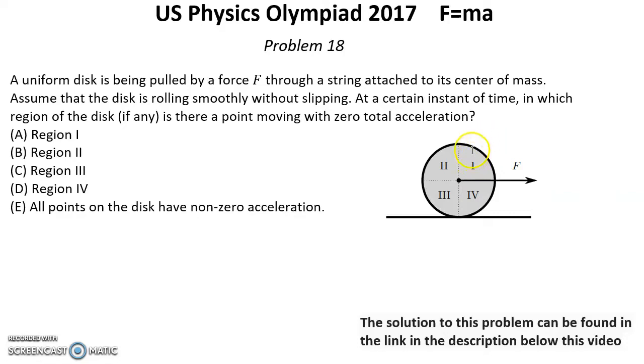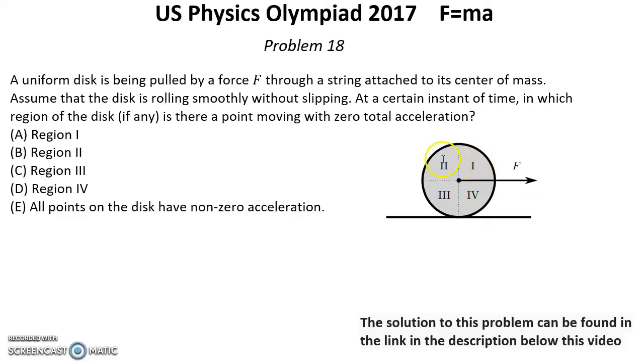And from this point, let's check what happened to region 1. In region 1, we have tangential acceleration going to the right and down, and centripetal acceleration going to the back and down. It means that in this region there is no acceleration going up, and the total acceleration cannot be zero.